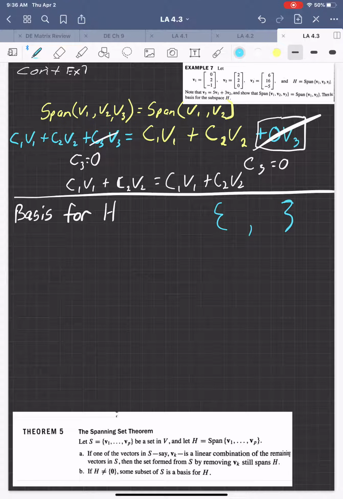All right, so how are we going to do this? Now I don't know what H looks like because they don't define, well, they do define it as the span, I'm sorry.